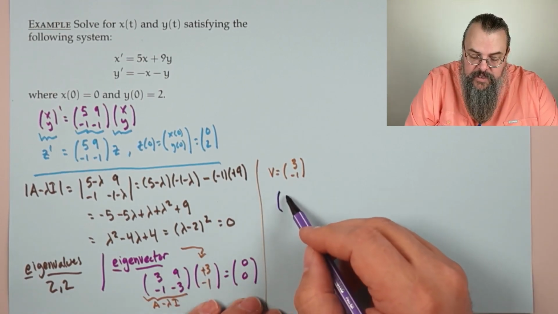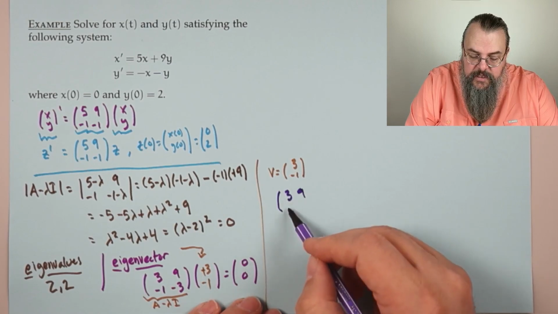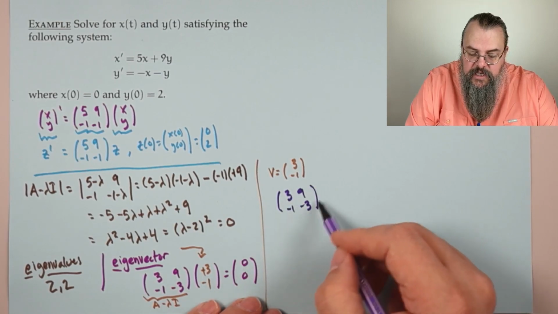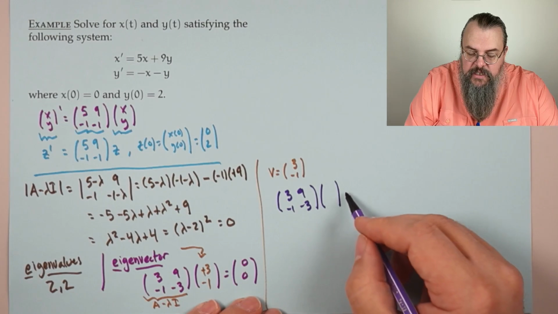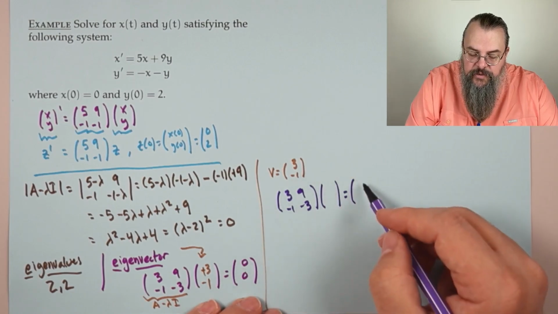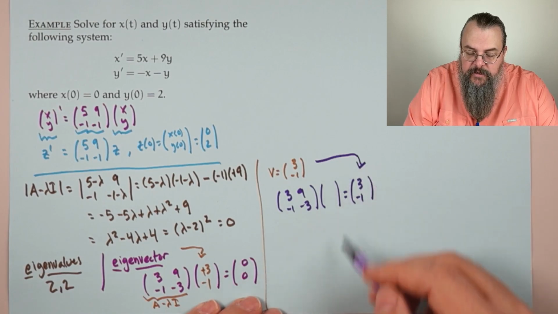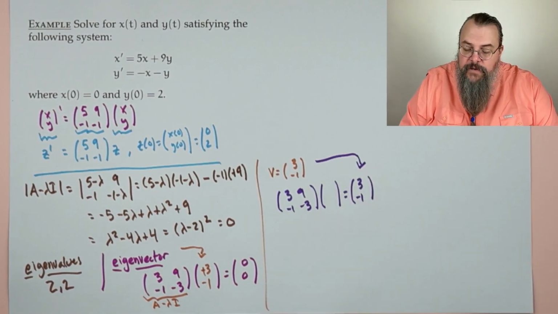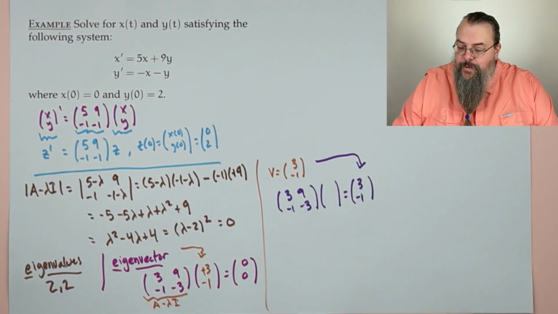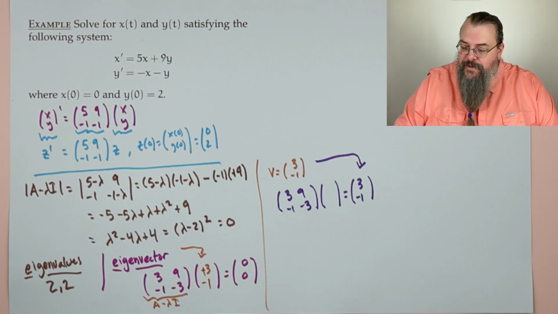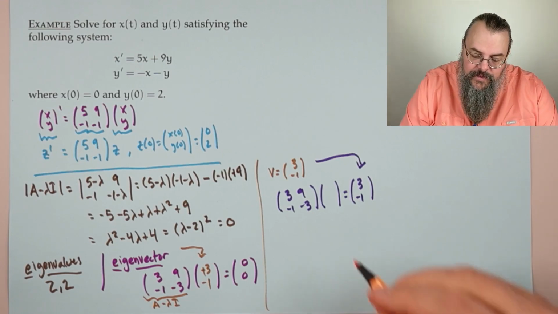So we say, okay, we need to find 3, 9, minus 1, minus 3, times something to get the 3, minus 1. So that goes there, and whatever we find, that's what we call W. Okay, so this will be our W.